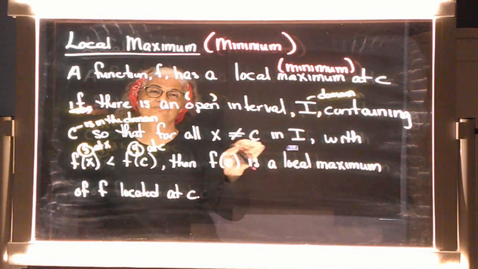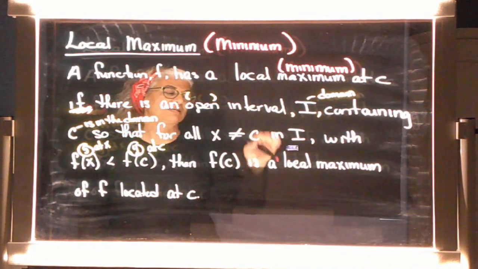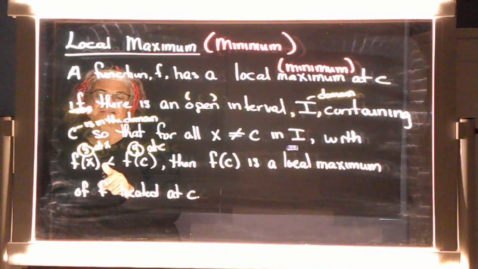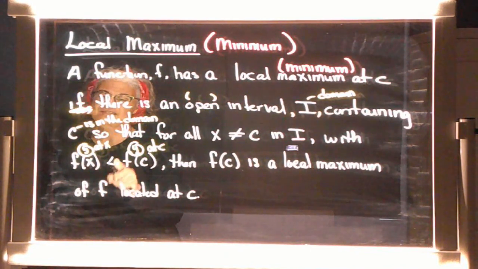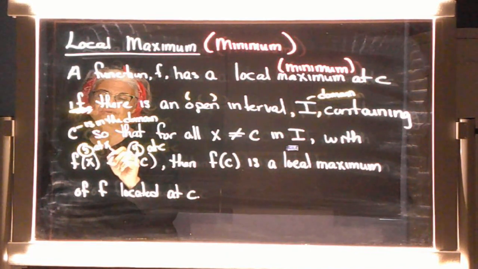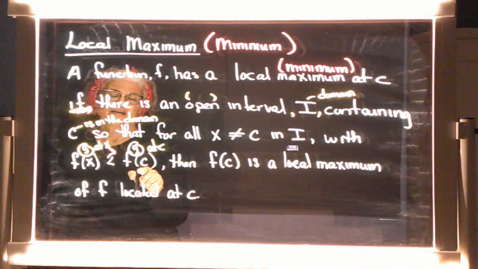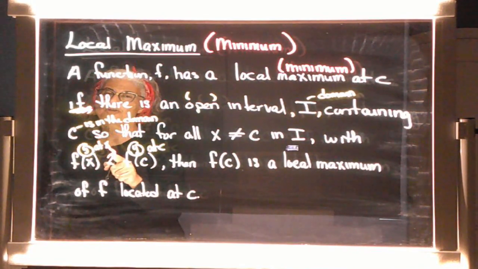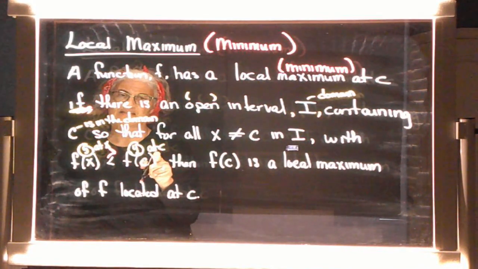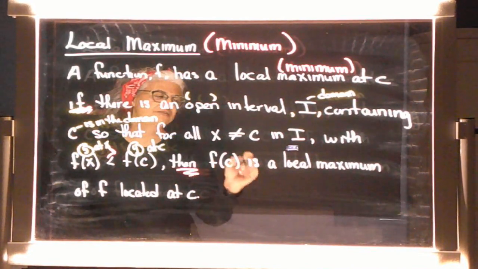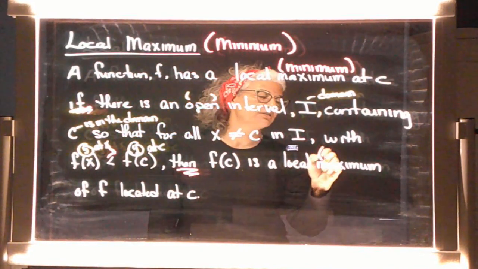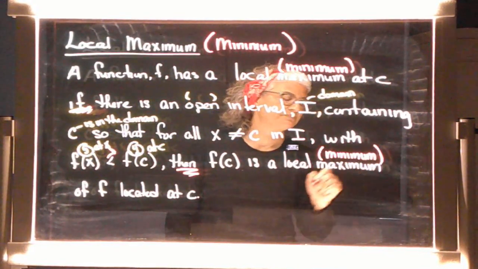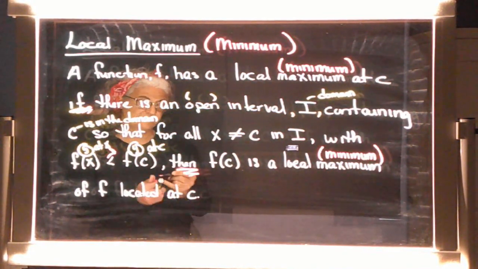All the other x's are unique away from c, in I. With f of x, now it's not less than, now it is greater than f of c. So all the y values at x must now be greater than the one y value at c. Then f of c is considered a local minimum of f located at c.